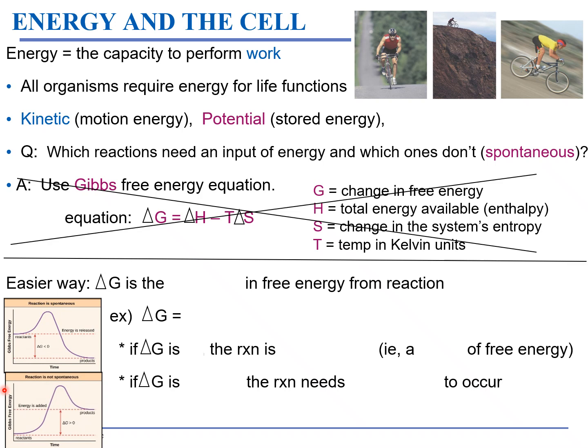So an easier way to understand the concept is that the change in G is the difference in free energy from the reaction start to finish. An example of this would be delta G, which is the change in G, is equal to the final state of G minus the initial state. So in the images here on this side, you are able to see that, okay, so here we go.